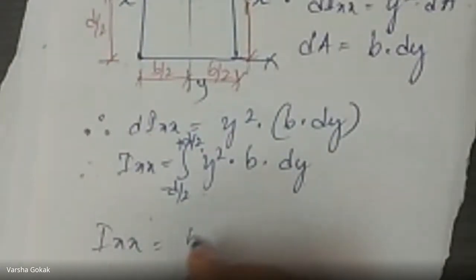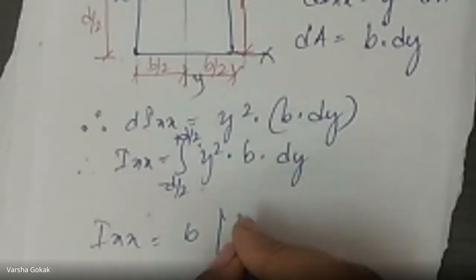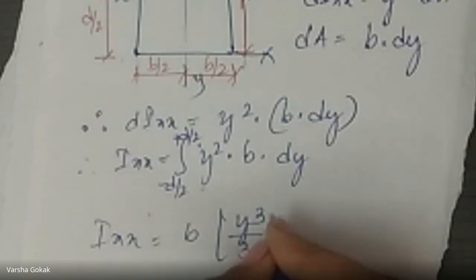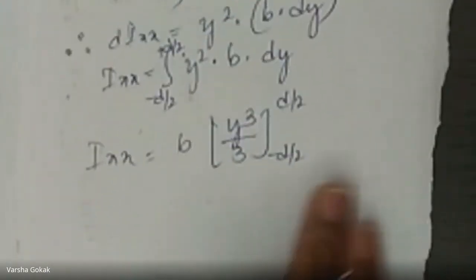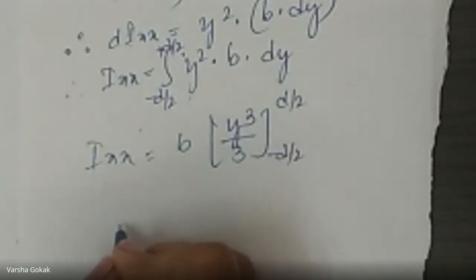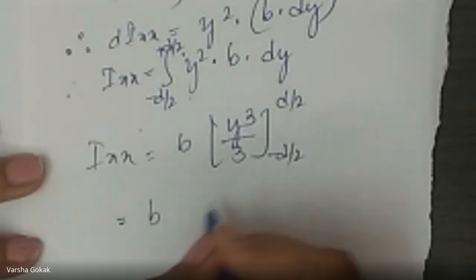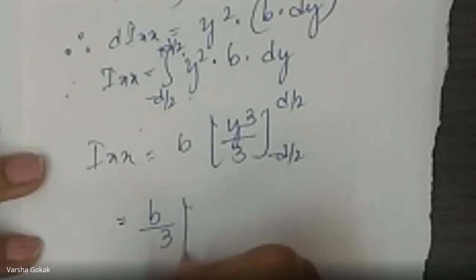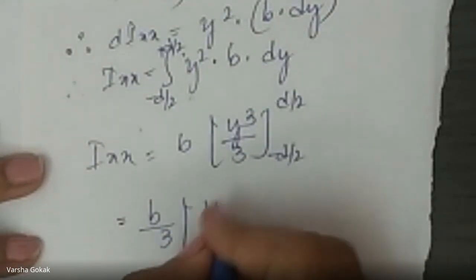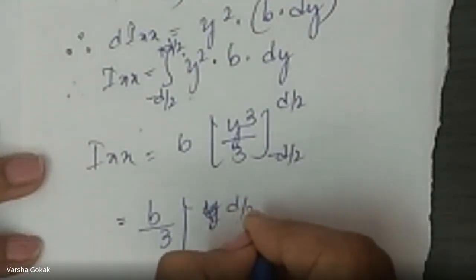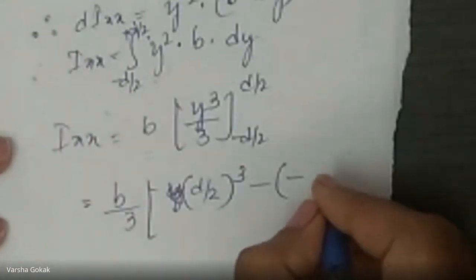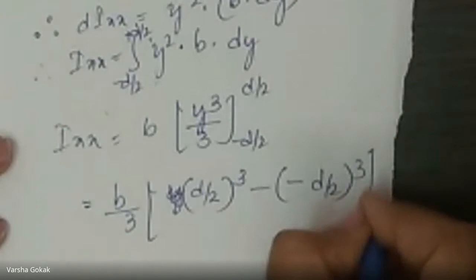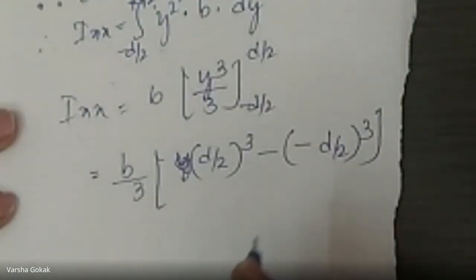Now b is a constant, it comes out. Y square becomes what? Y cube by 3 from minus d by 2 to plus d by 2. Substitute for these two. What happens? b by 3, I'll take it out. So y cube means d by 2 the whole cube minus of minus d by 2 the whole cube, which becomes plus, right?